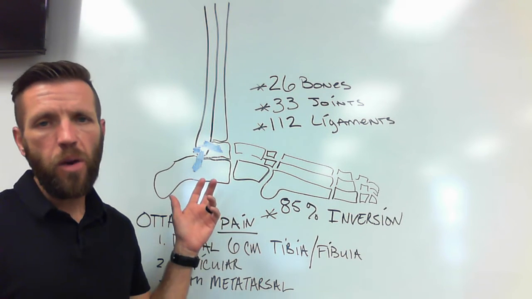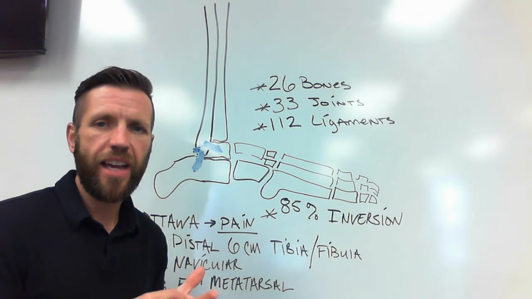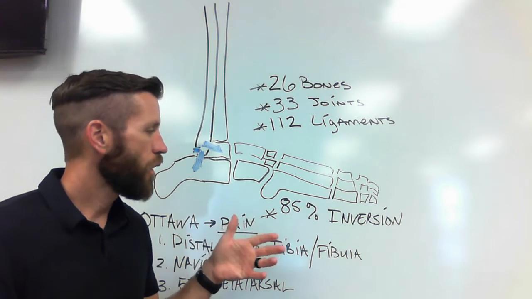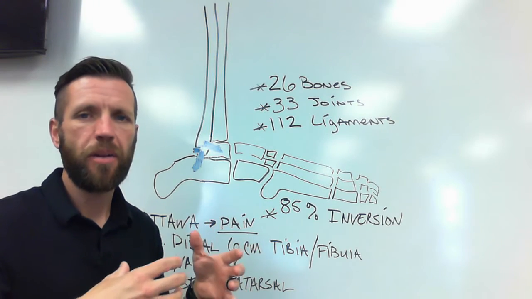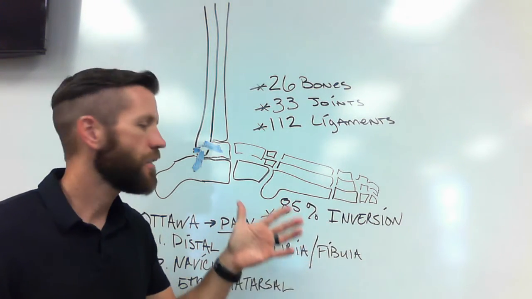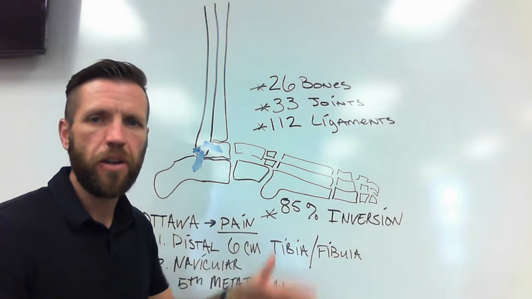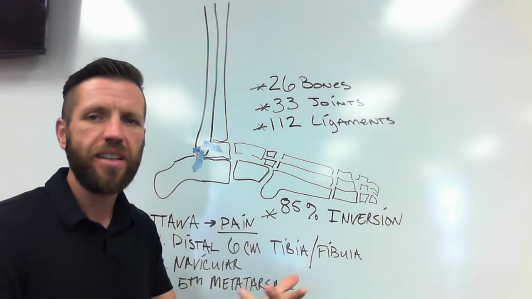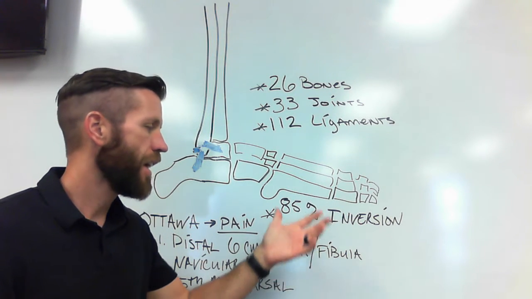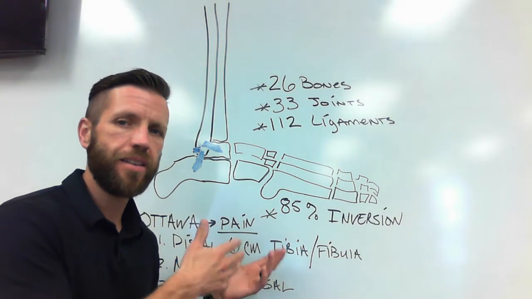What we need to understand is that many times with this ankle injury, we are going to see a very common denominator, and that is this movement right here called inversion. Inversion happens in almost 85% of all ankle injuries. I've seen some references that would say it's up to 99%, but for your purpose, the text says 85%.